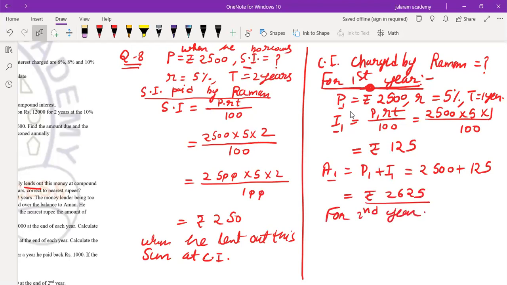And for second year, it becomes the principal for second year, which is denoted by P2. It is always equal to A1, which we have already calculated as 2,625. Rate of interest is same and time for second year will be only 1 year.